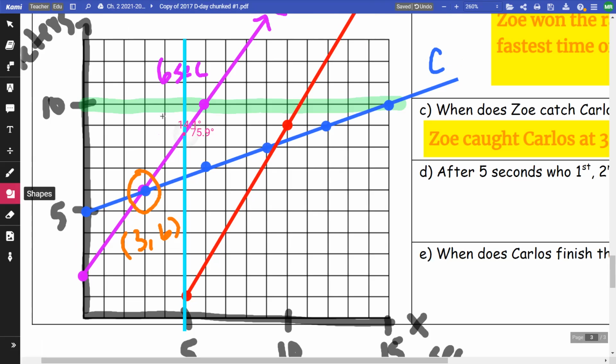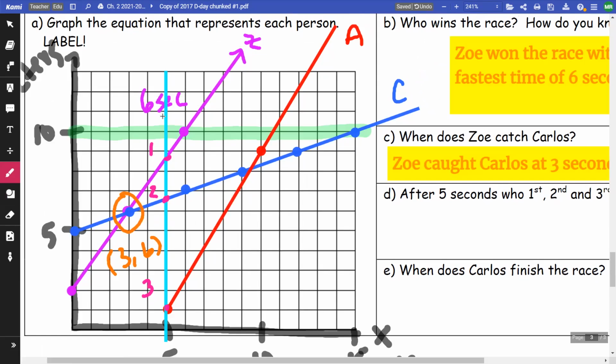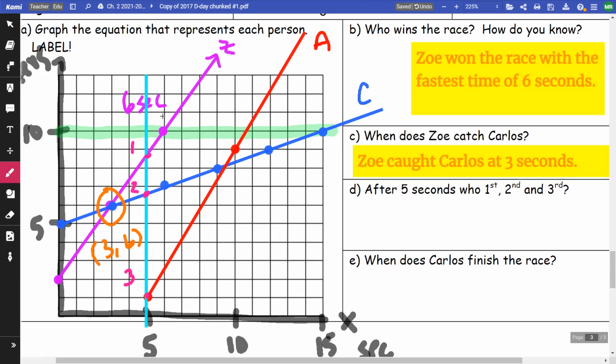This person right here, which is Zoe, is first, then second is Carlos, then third is Andrew. So we want to go backwards. We want to see who's closest to the finish line. So we want to see who's closest to that green y = 10. So let me write that out.